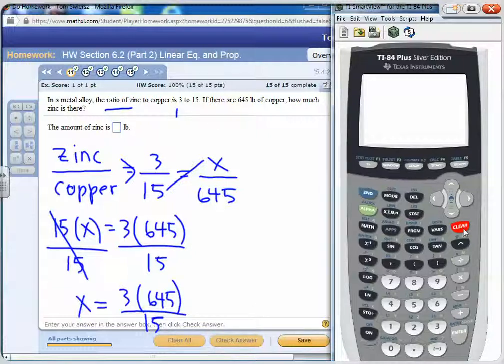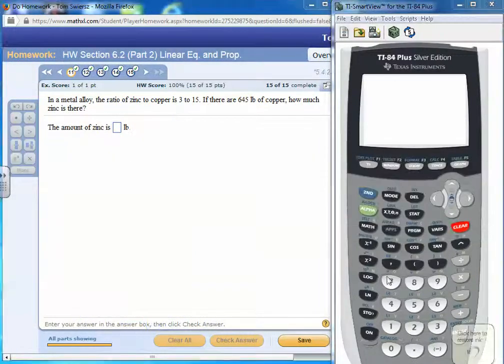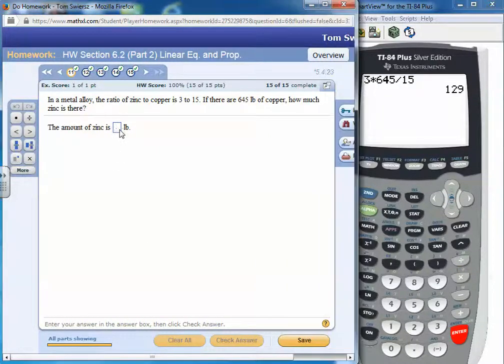We'll use the calculator to do that last step. 3 times 645 divided by 15, and we get 129 pounds.